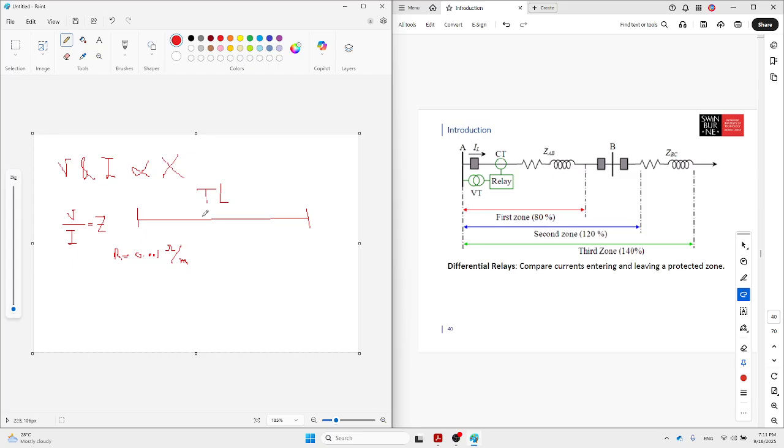Then if this transmission line length is 200 kilometers, what is the total resistance of the transmission line? Correct. So R total is equal to 0.001 times 200, which is 0.2, if I'm not mistaken.